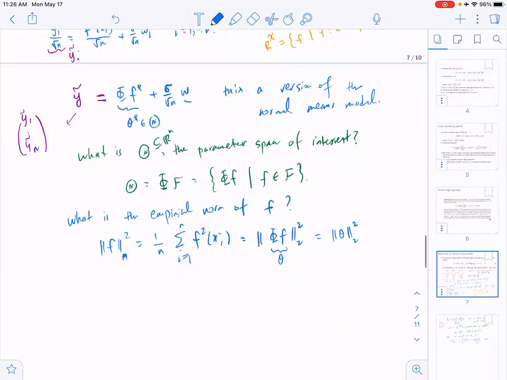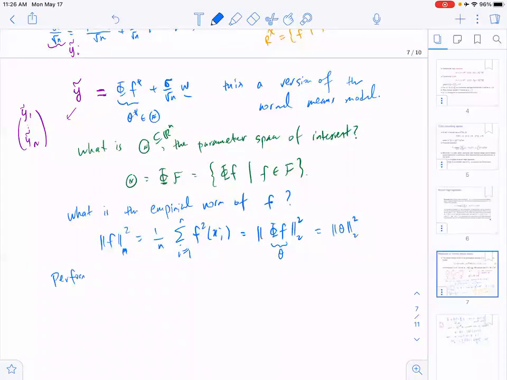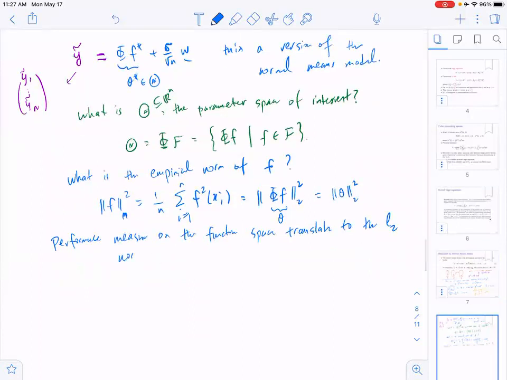So the performance measure on the function space translates to the L2 norm on theta in the normal means model.